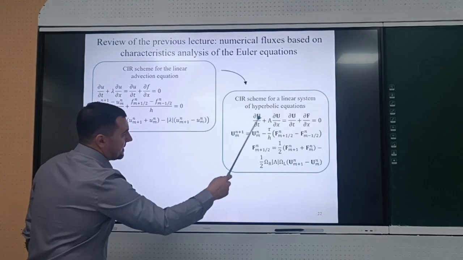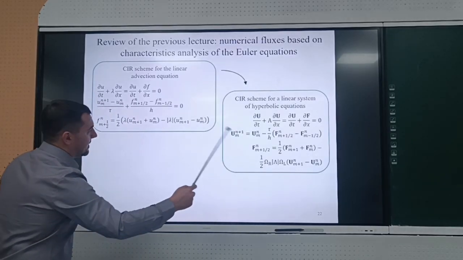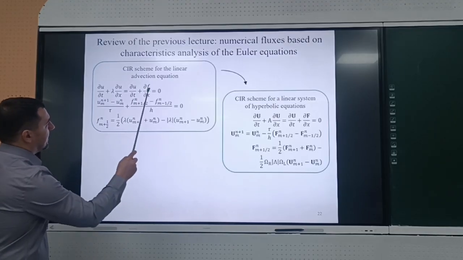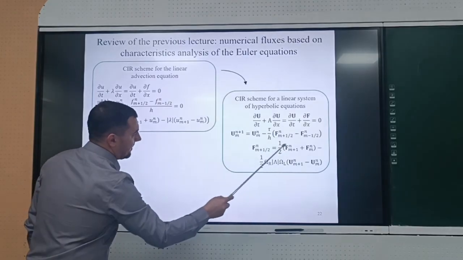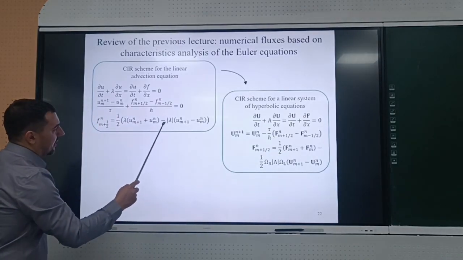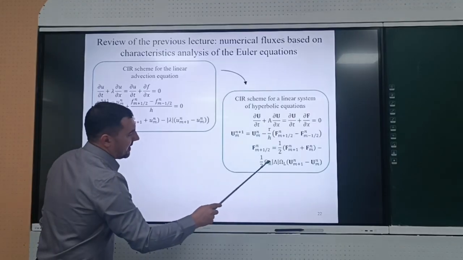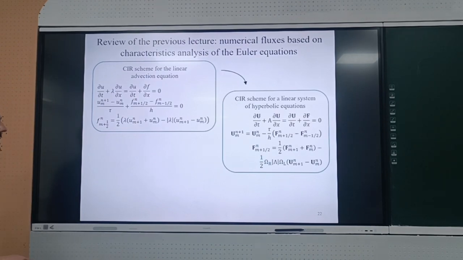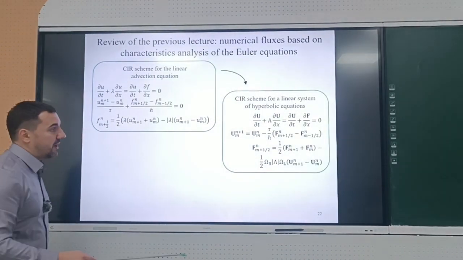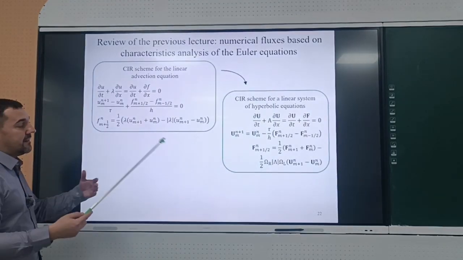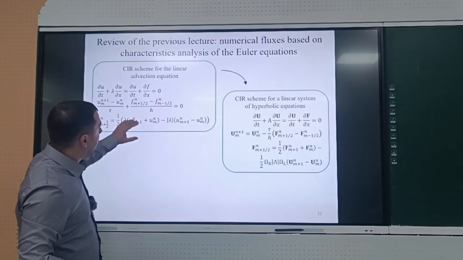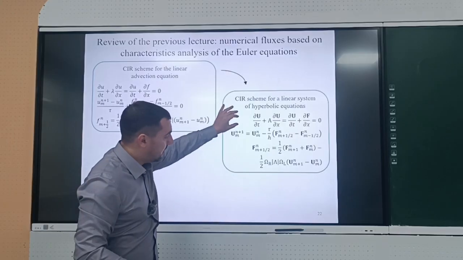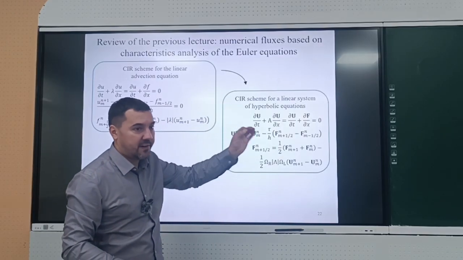And you can see that this formula is just the direct generalization of this one. So this is 1/2 lambda U, but lambda U is the flux. That is why F. But here we have omega R mod lambda omega L, where omega R and omega L are matrices of left and right eigenvectors of matrix A. This is because we are not able to apply the CIR numerical scheme directly to the components of vector U. Instead, we should transfer to Riemann invariants.